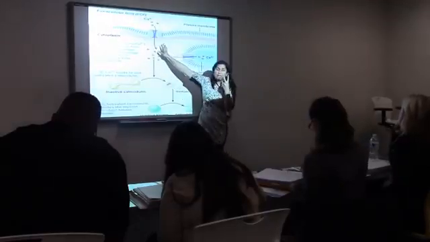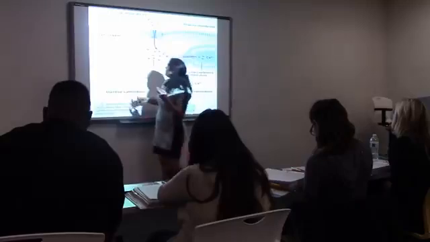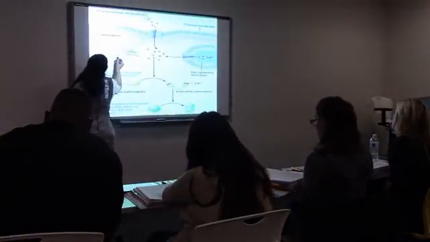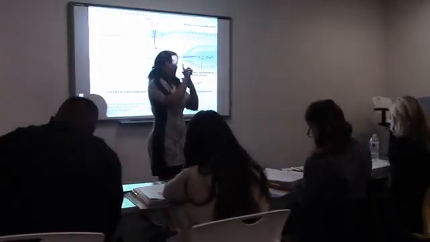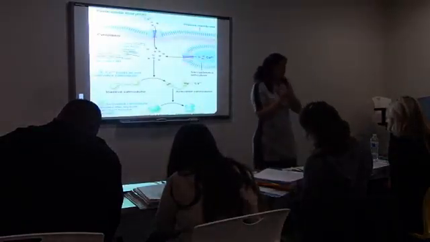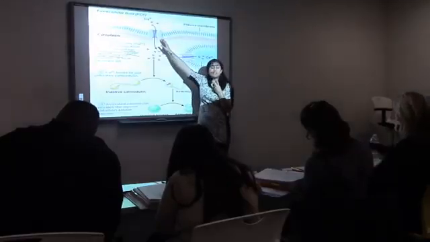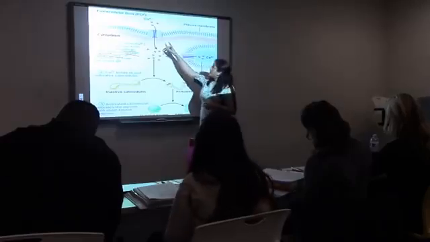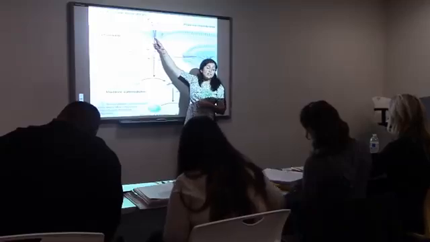It's only shown 1, but there are 2 types. There's voltage dependent calcium channel and voltage independent calcium channel. So calcium comes in via the voltage dependent or voltage independent calcium channel.